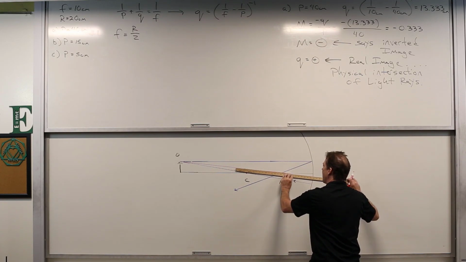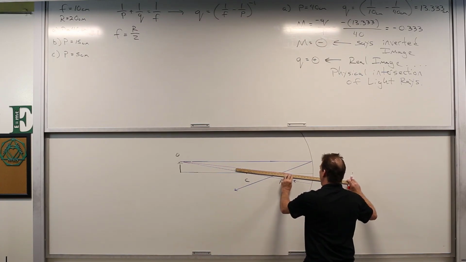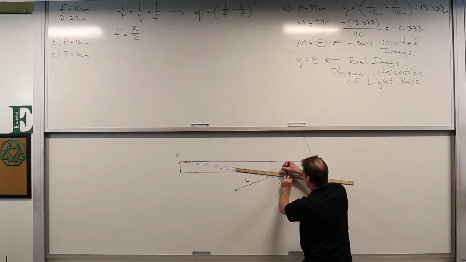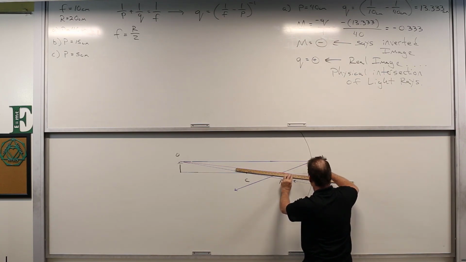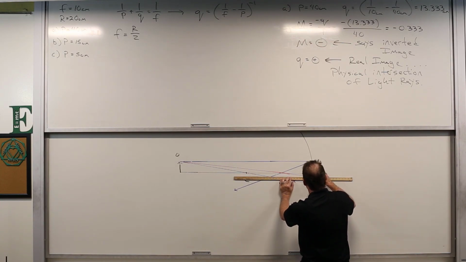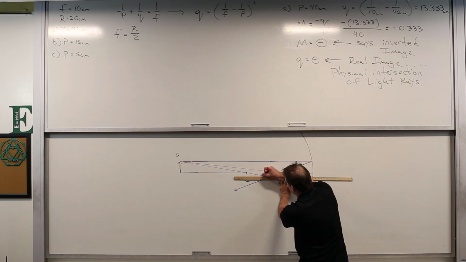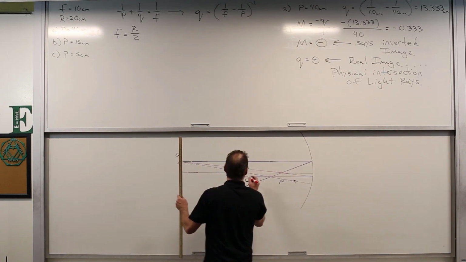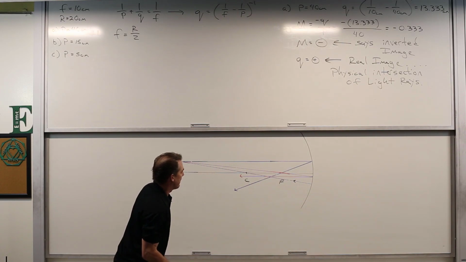It's a little bit too high, but let's drop it down a little bit there. Strikes there, and then goes parallel to the principal axis. It should be down a little bit more, but that's okay. Within reason, we're getting a decent ray diagram here.